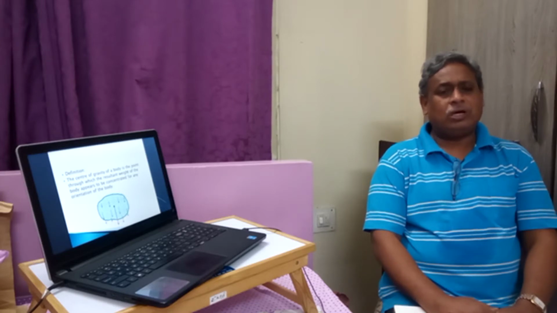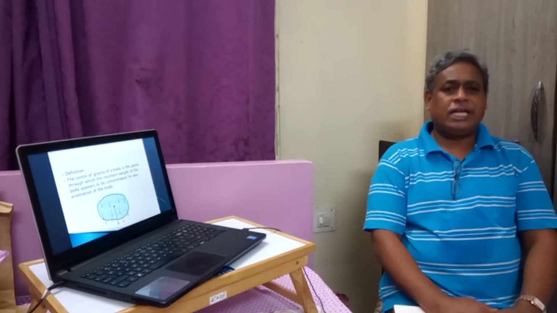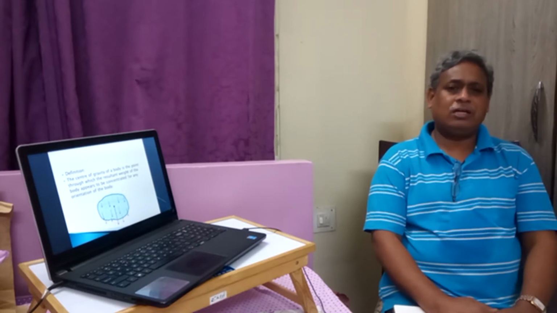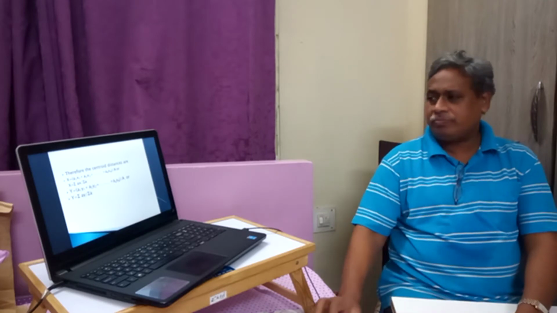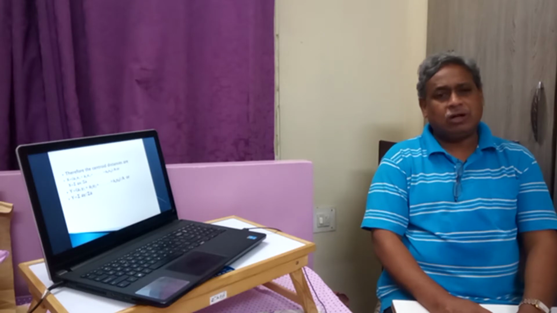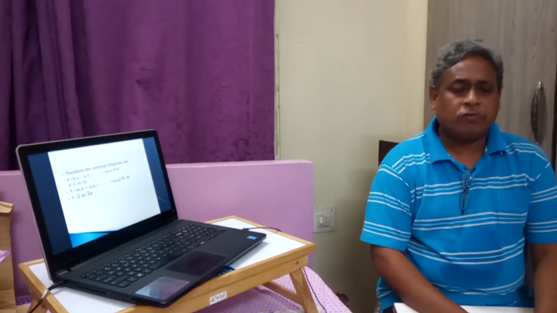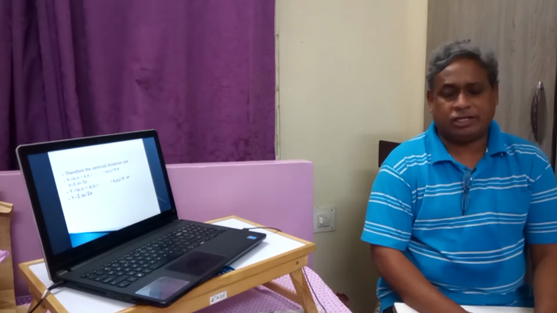Therefore, our formula becomes X is equal to sigma Ax by sigma A, and Y is equal to sigma Ay by sigma A. That is, moment of areas of individual components by total area. Similarly, in the y direction, moment of area in the y direction of all the components, that is sigma Ay by sigma A. This is the basic concept for finding the centroid of a plane figure.